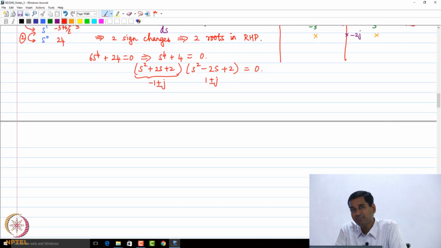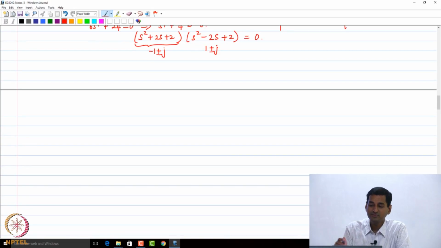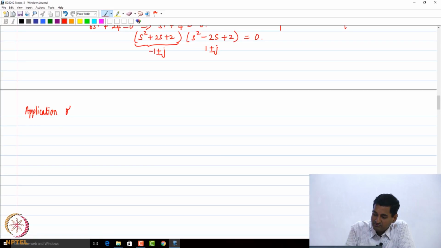Now we are going to come back and see how to apply it to our case. So I am essentially going to talk about the application of the Routh stability criteria.